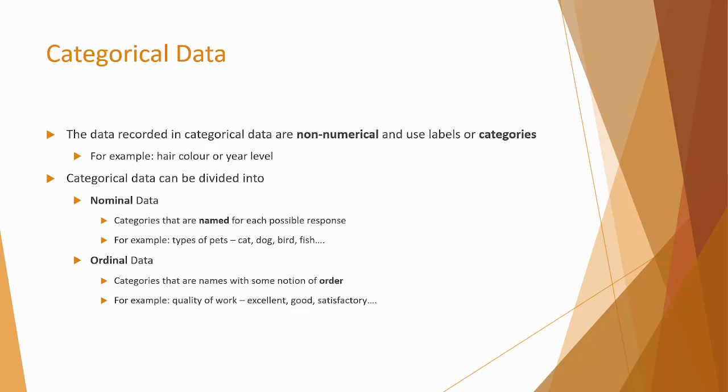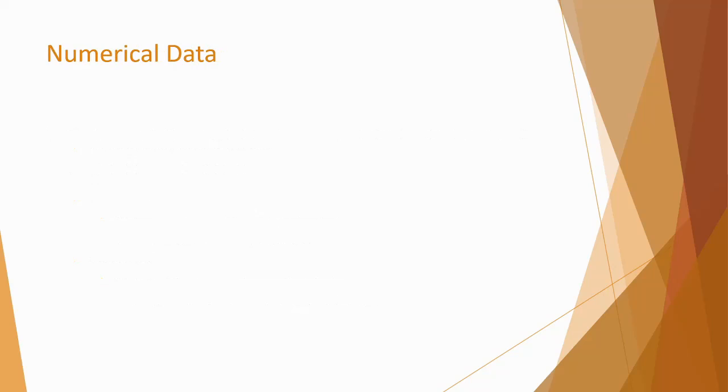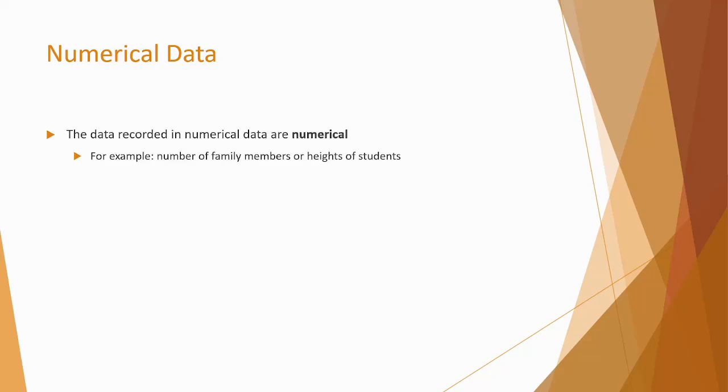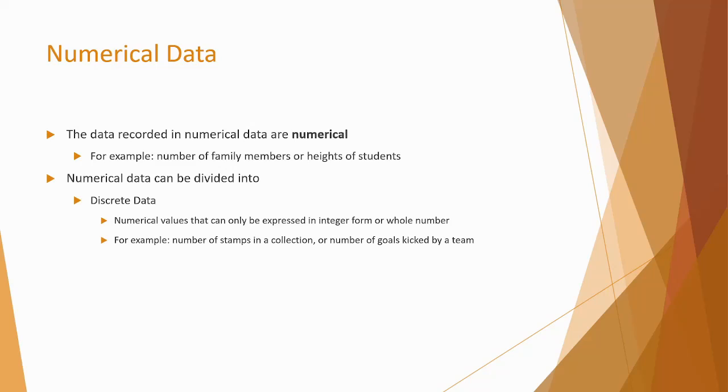Numerical data is data that is in numerical form, such as number of family members or heights of students in a class. This can also be divided into two sections. One is discrete data, that is numerical values that can only be expressed in full integer form or whole numbers.